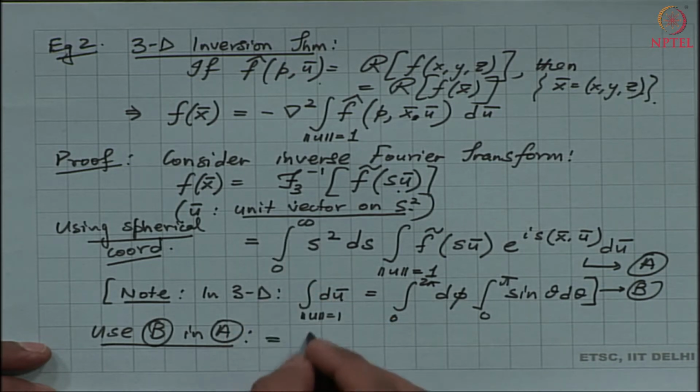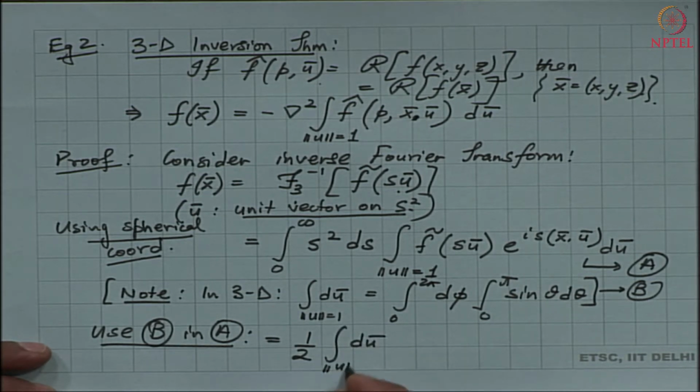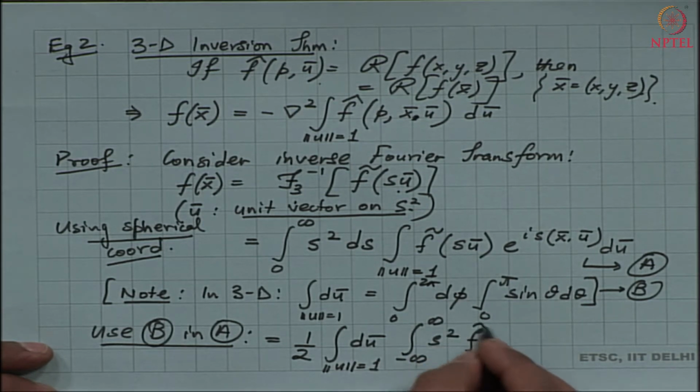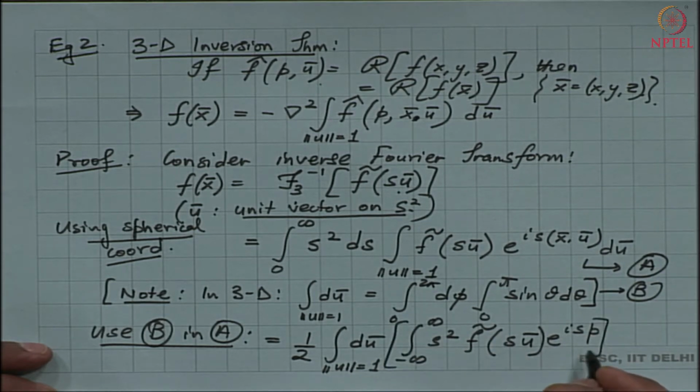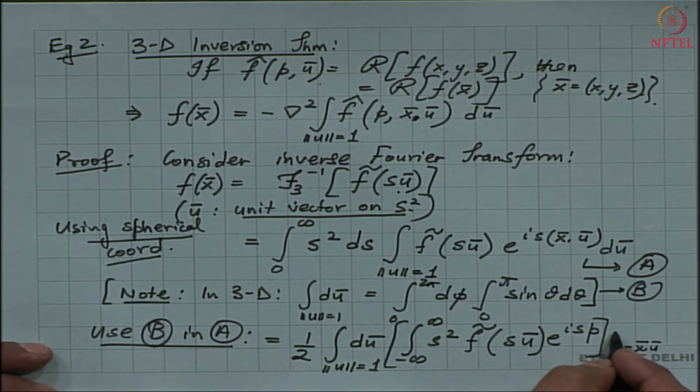So, I see that this is also equal to half of the integral du over all S2, times the integral from negative infinity to infinity of s squared f tilde of s u bar e to the power i s p, and I see that this particular integral is evaluated over my hyperplane given by p equal to x dot u times ds.